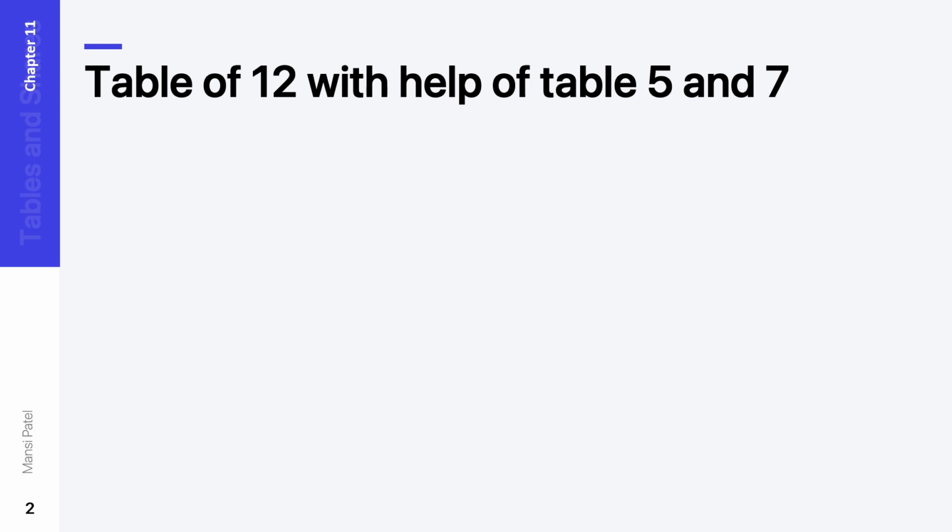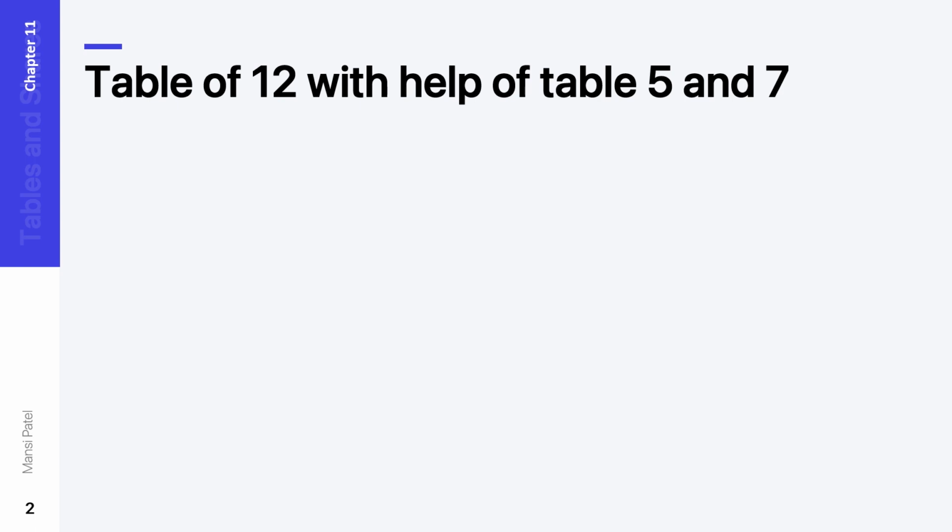You have to add any two numbers. If the sum of those two numbers is 12, then you can make the table of 12 with the help of them. So we can say that 1 plus 11 is equal to 12. Then 2 plus 10 is equal to 12.